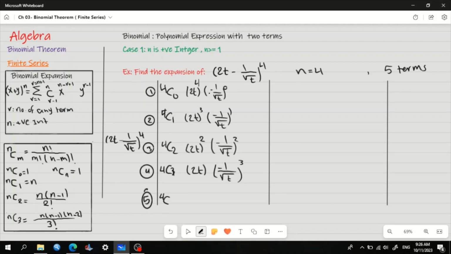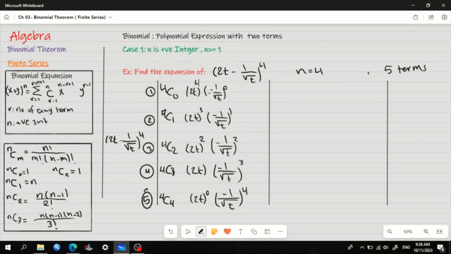Here we have 4 combination 4, 2t to the power 0, and here 1 by square root of t to the power 4. Okay, so here we have 4 combination 0 is 1, and here we have this term of power 0.